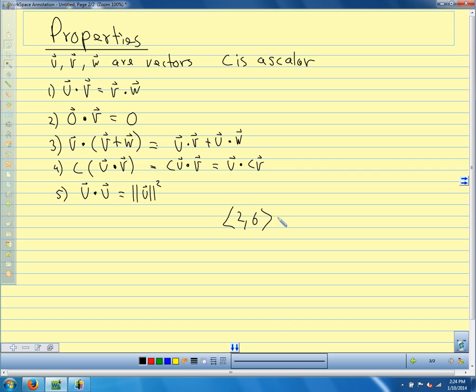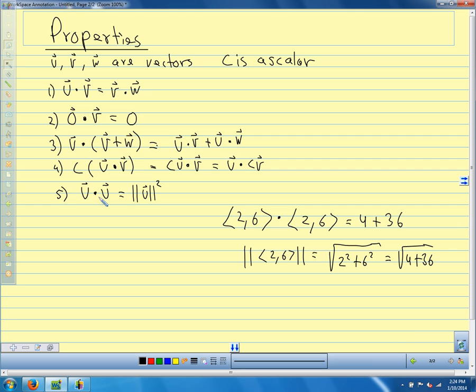So if we did 2, 6 dot 2, 6, here's the question that Daisy asked. 2, 6 dot 2, 6 is 4 plus 36, and the magnitude of 2, 6 is the square root of 2 squared plus 6 squared, or the square root of 4 plus 36. So this is that squared. So kind of nice the way it works out.